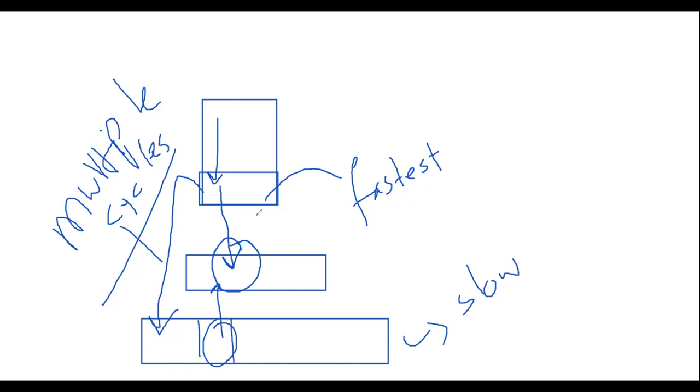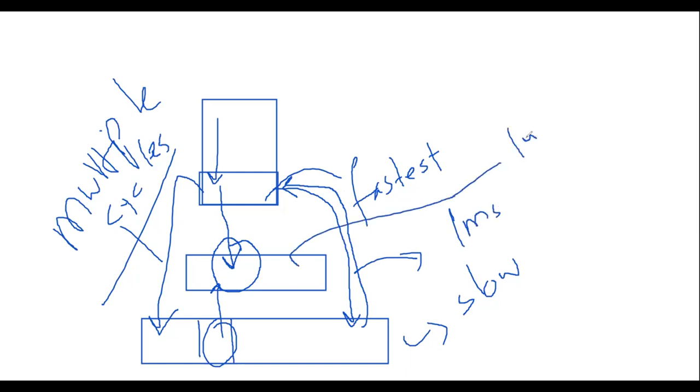So it will decrease this round trip time. Let's suppose if here 1 millisecond was taken, here maybe 1 microsecond will be taken, for example. Why? Because the cache memory is faster than the register memory.